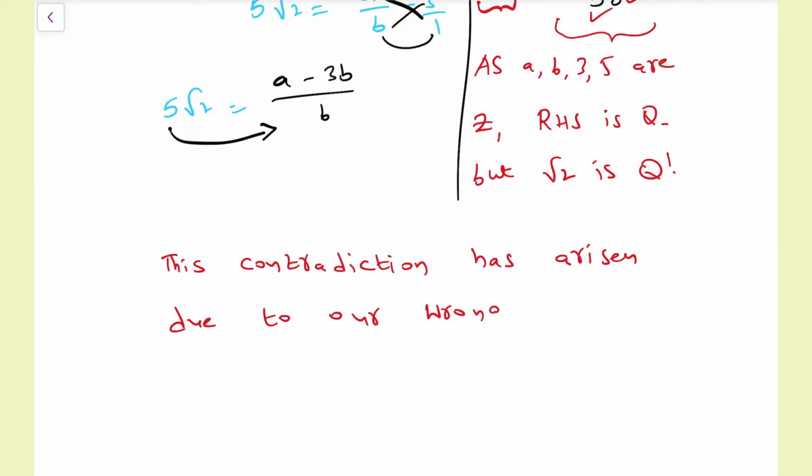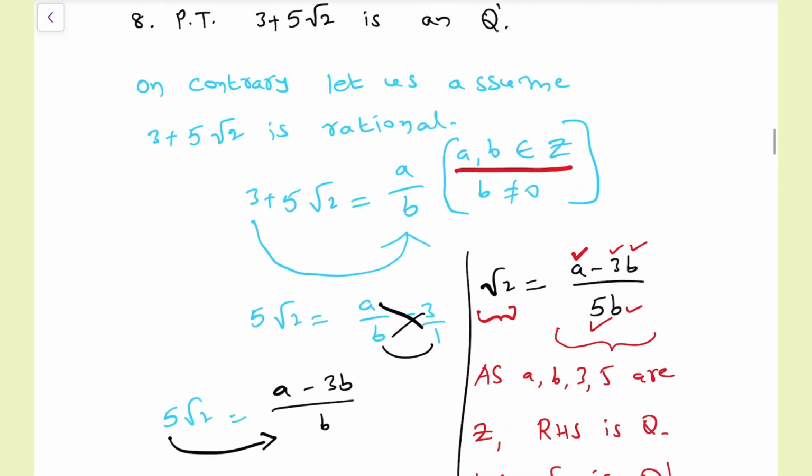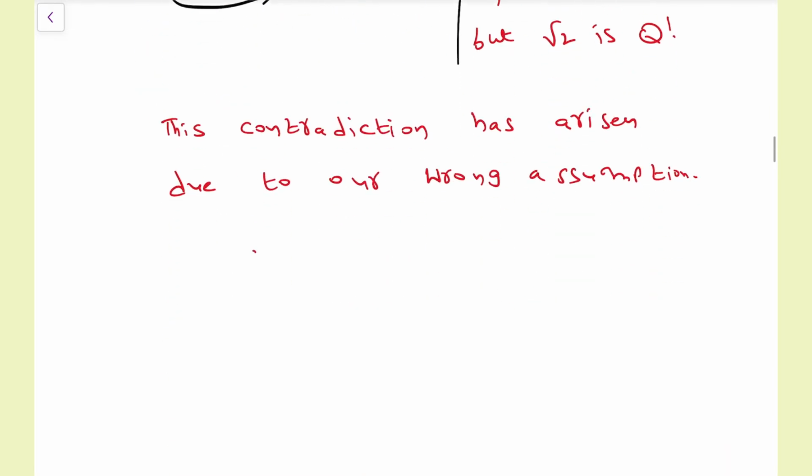So the given number, 3 plus 5 root 2, is an irrational number.